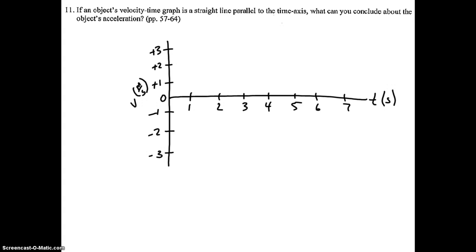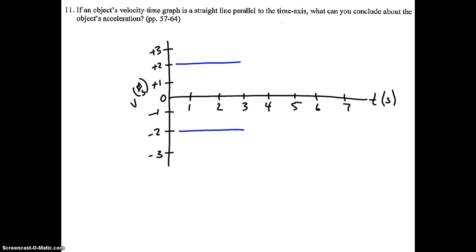Okay. So the question asks if the object's velocity time graph is a straight line parallel to the time axis. So it could be a velocity there, or it could be a velocity down here. What can you conclude about the object's acceleration?